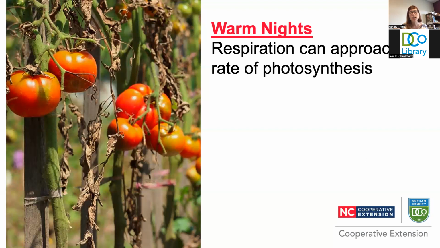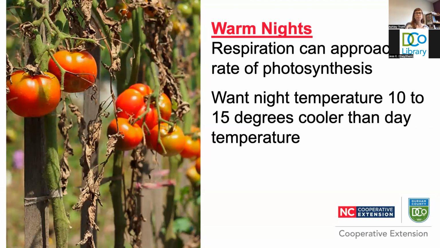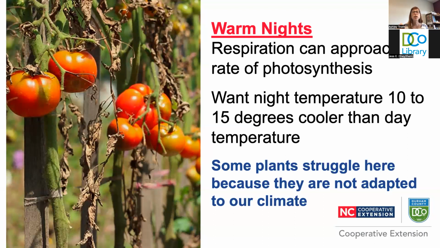There is no chance for the respiration rate to drop back down to less than the rate of photosynthesis. So in a perfect world, you want your nighttime temperatures 10 to 15 degrees cooler than your daytime temperatures. But we all know in the middle of summer, it almost hits 85 and just stays there, right? It just stays. So some plants struggle here because they are simply not adapted to our climate.